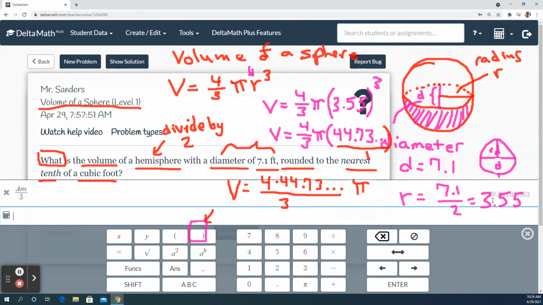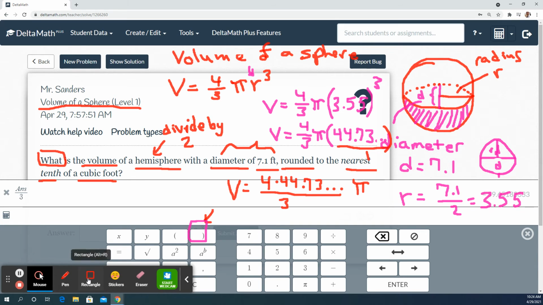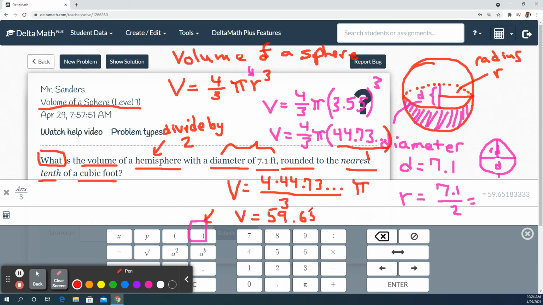That gives me, I'm going to have to erase some of this so I can see it. So now I have volume is equal to 59.651... and all of this is still times pi. So this would be the answer in terms of pi right here.